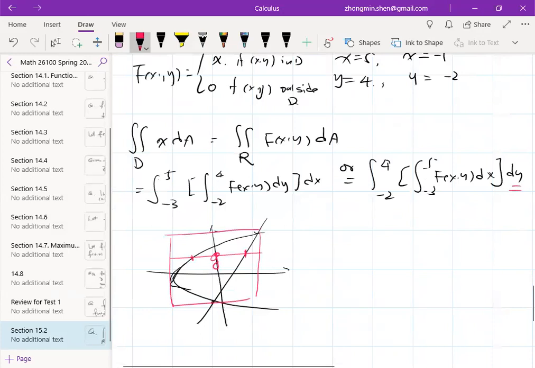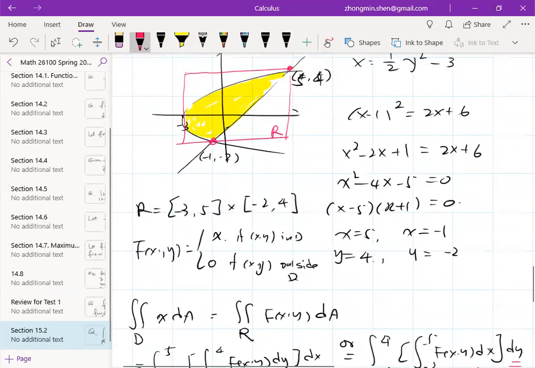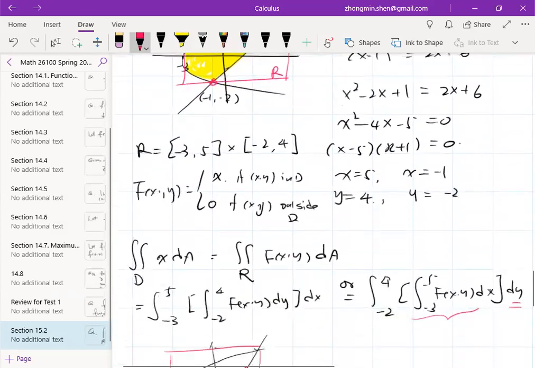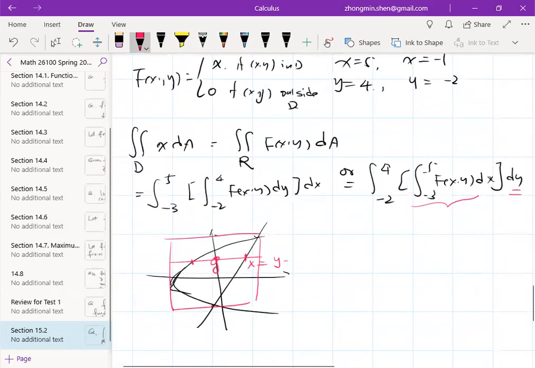When y is fixed, you can easily change that integral. Here x is going to be, you can solve it, x is going to be y plus 1, and here x is going to be y squared.